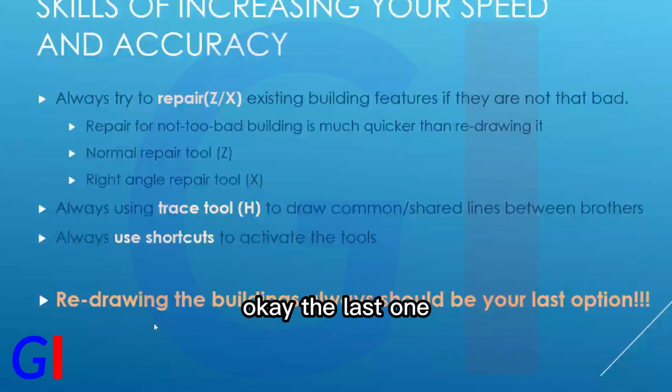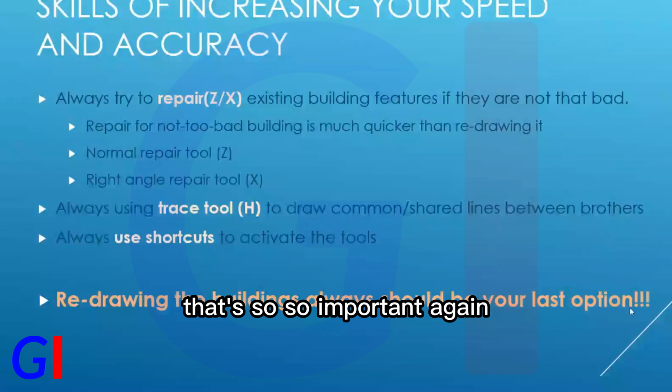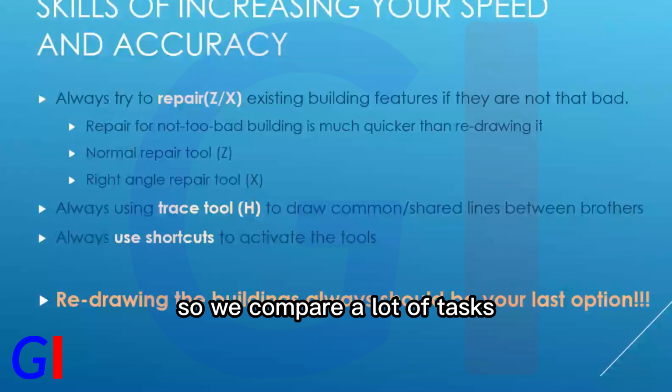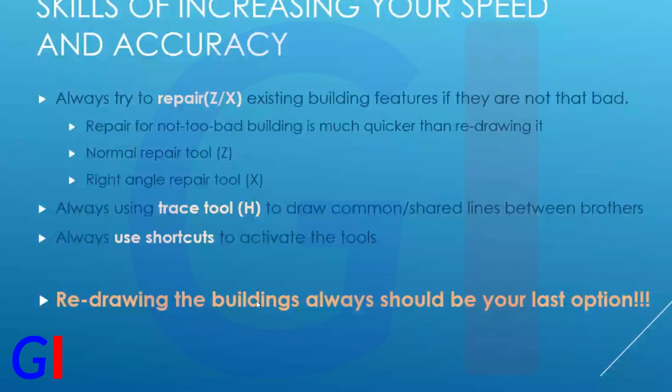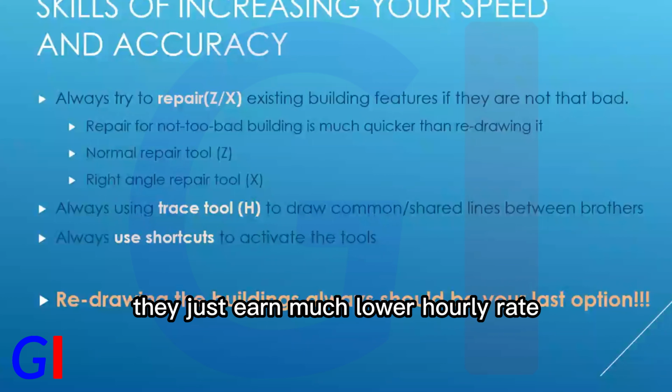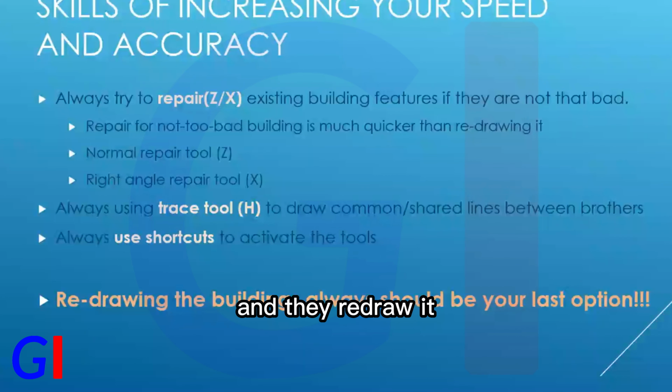Okay, the last one, redrawing the buildings should always be your last option, okay? That's so important again. We compared a lot of tasks. If people redraw all the buildings, they earn a much lower hourly rate because many buildings are not that bad and they redraw them.